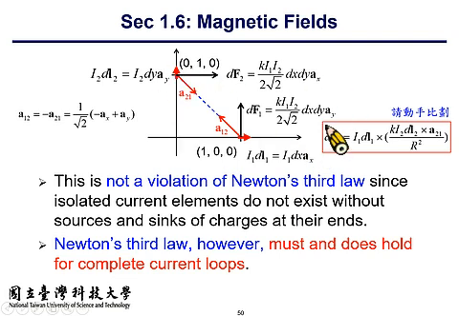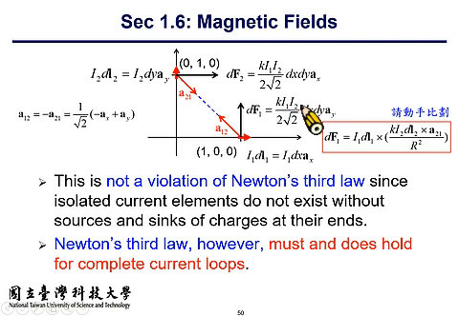As this example suggests, DF1 and DF2, even though they have the same magnitude, are in perpendicular directions. They are not in opposite directions as Newton's third law suggests.